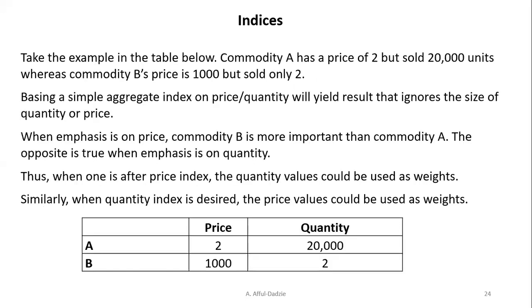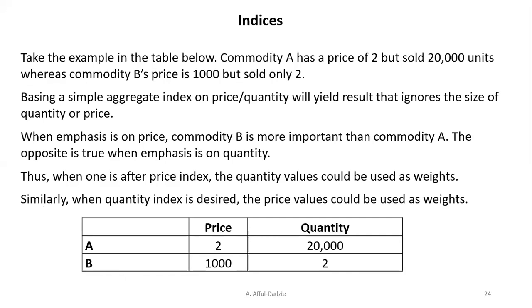So, for instance, you have a commodity priced at 2 cedis with 20,000 people buying it, and something sold at 1,000 cedis with only 2 people buying it.